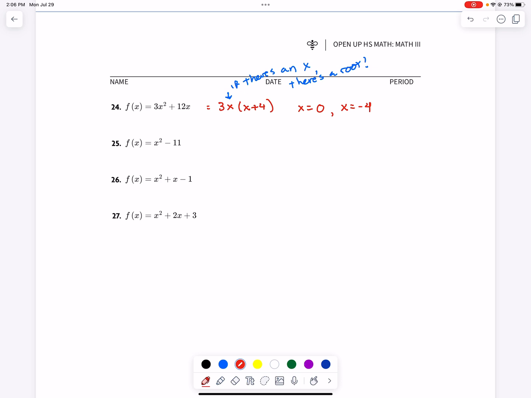Well, x squared equals 11 when x is plus or minus root 11. So okay, this one does not factor. This one needs to be graphed or the quadratic formula.